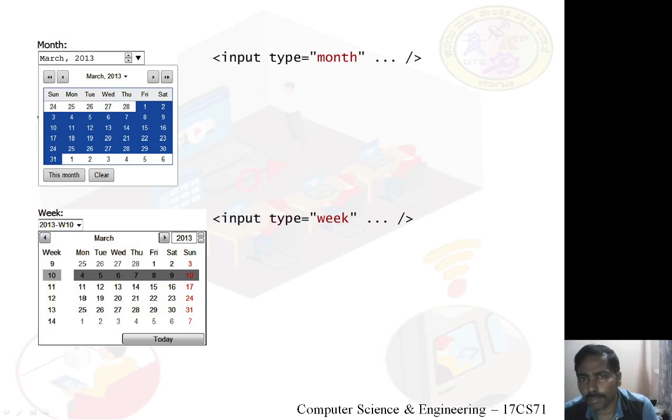Suppose we want an input field to accept both date and time, we need to make use of type datetime. Suppose we want an input field that accepts a month of a particular year, then we need to make use of type month. Suppose we want to select a particular week in a year, we need to make use of type week.